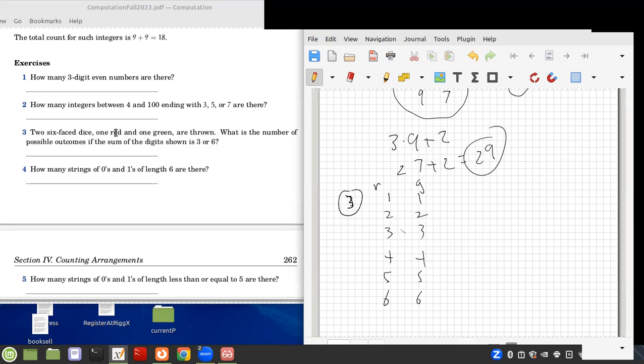So both of them are thrown. Okay, we want to know what is the number of possible outcomes if the sum, if we have red plus green, if the sum of the digits is either 3 or R plus G equals 6.